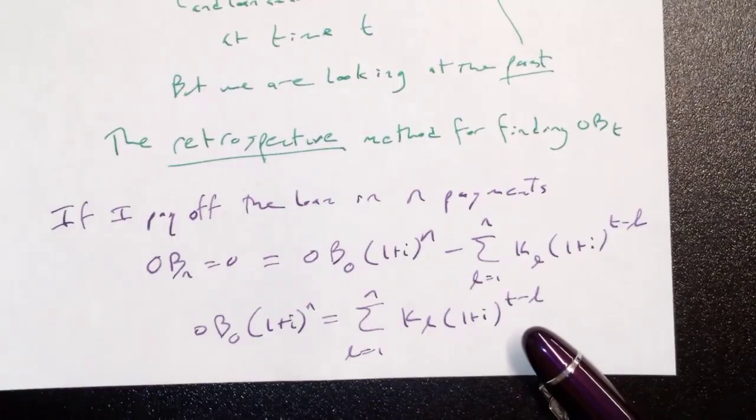So I really am looking back from my furthest future point to do this equation of value. By the way, if I multiply both sides by 1 plus I to the negative n, I get the valuation at time 0. Questions?